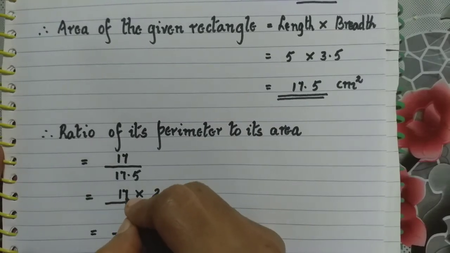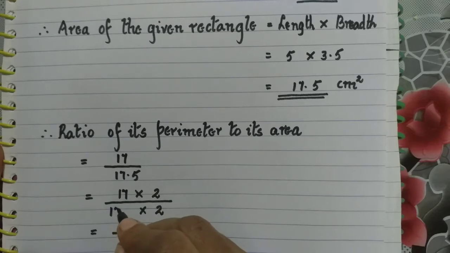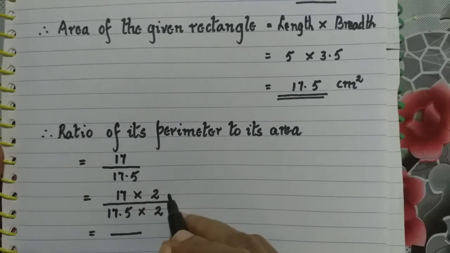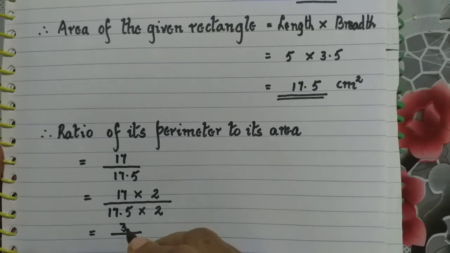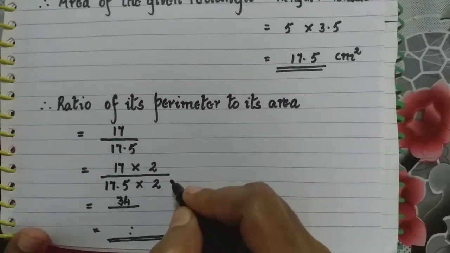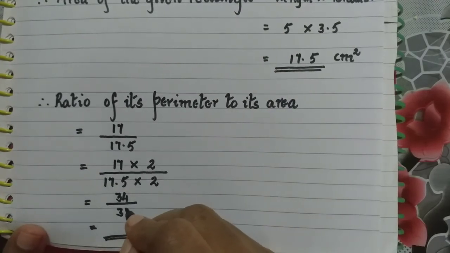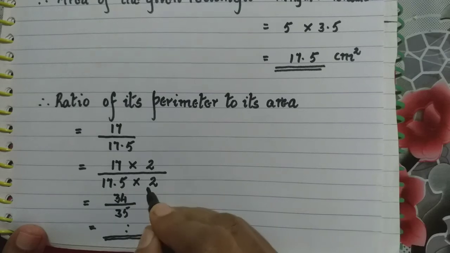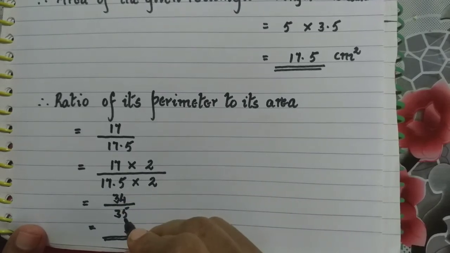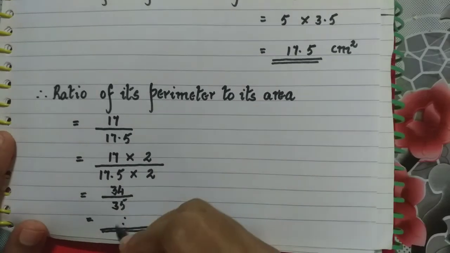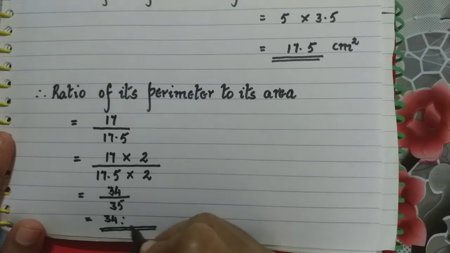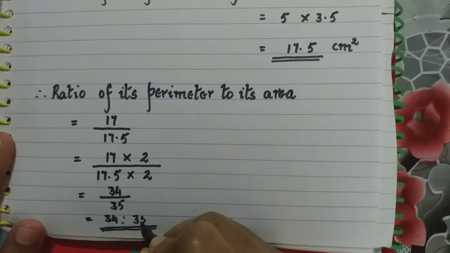So 17 into 2 upon 17.5 into 2. 17 into 2 is 34. 17.5 into 2 is 35. How did it become 35? 17 into 2, 34. 0.5 into 2, 1. 34 plus 1 is 35. So the ratio becomes 34 is to 35.